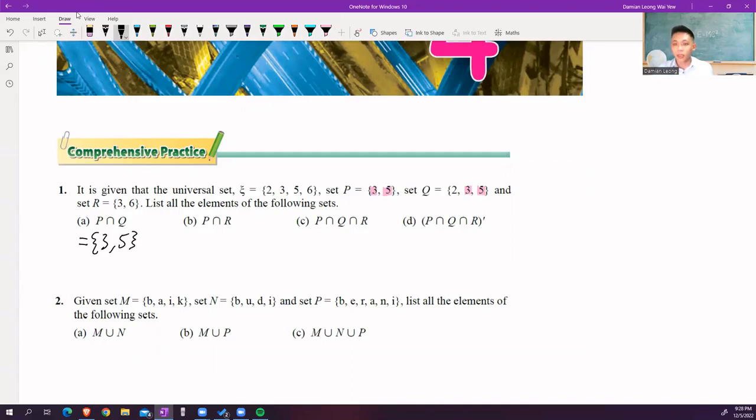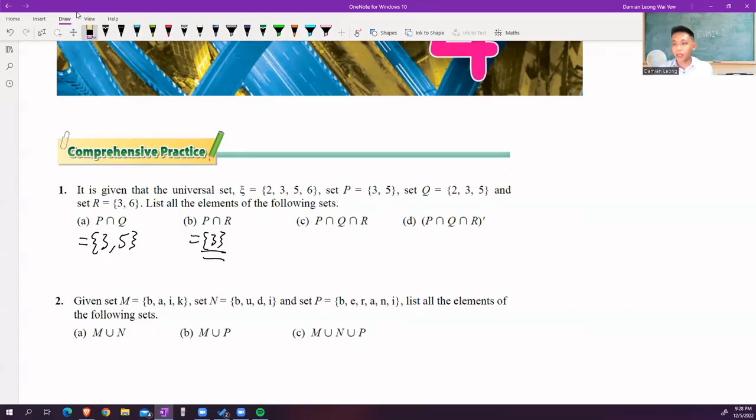P intersect R means the intersection between set P and set R. I compare set P and set R here. You can see both of them have the number 3. This one has 5, this one has 6, but they are not in common. So it's only the 3. That's P intersect R.